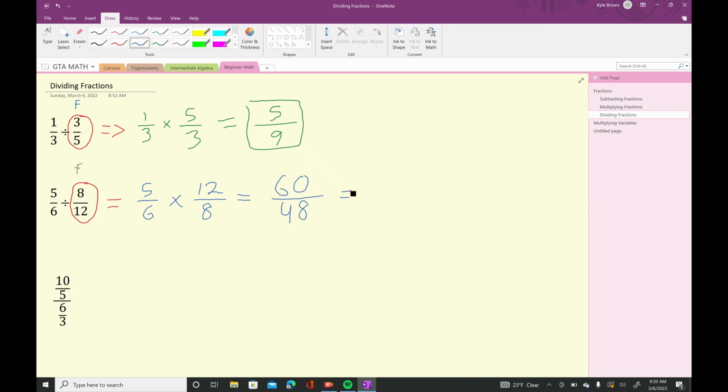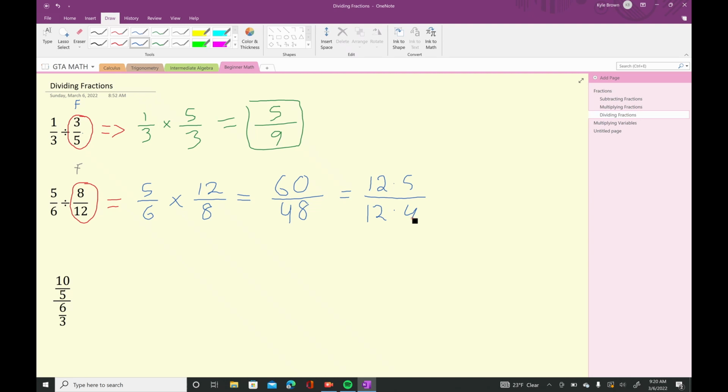The ones that come to my head for simplifying, I think of 12 times 5, and then I also think of 12 times 4. The reason I pick these numbers is because when you're simplifying, if you can do it in your head, perfect. If not, try some numbers and play around.